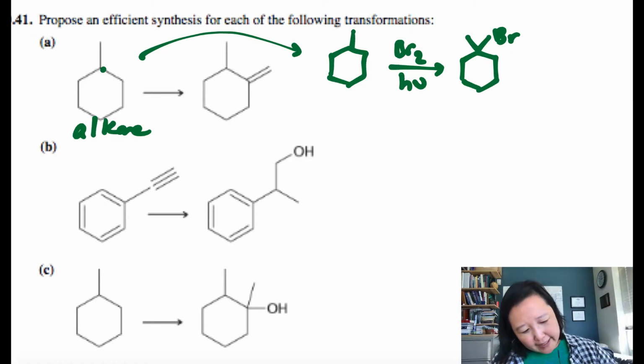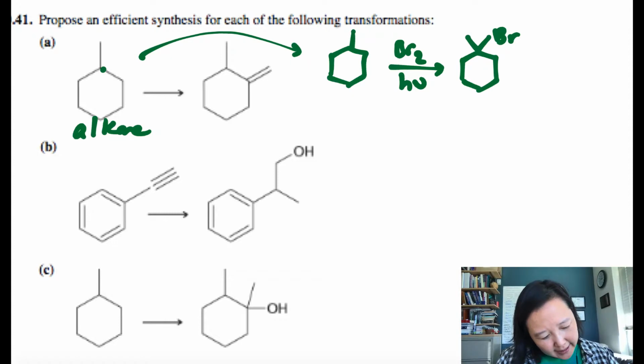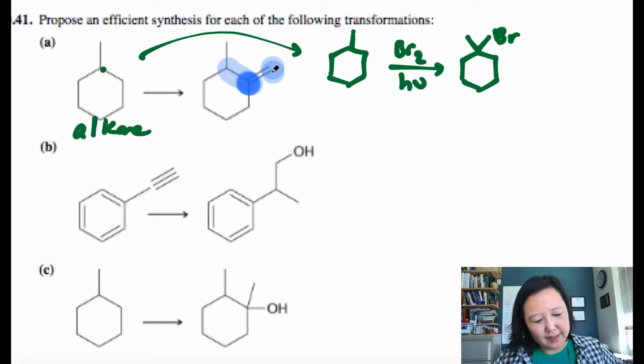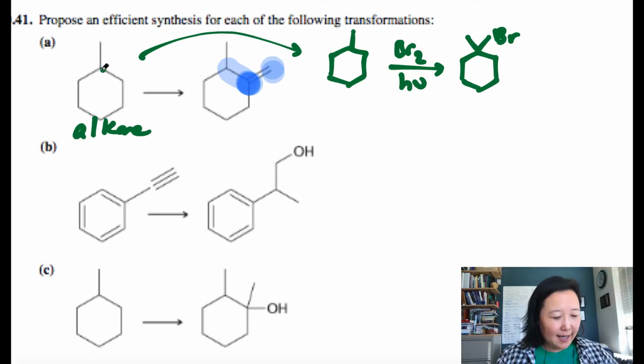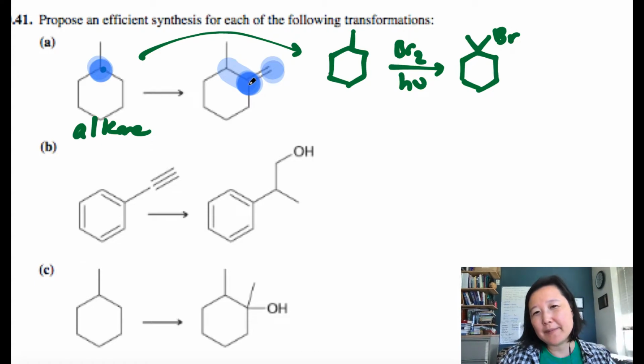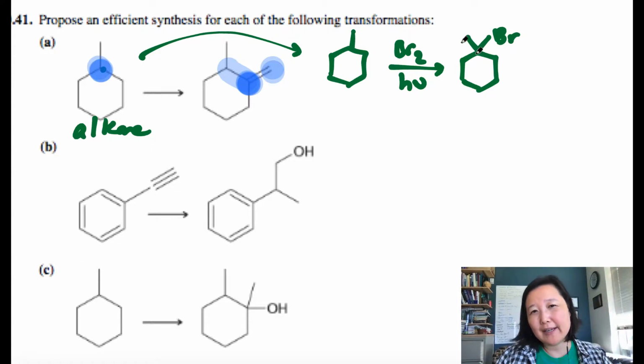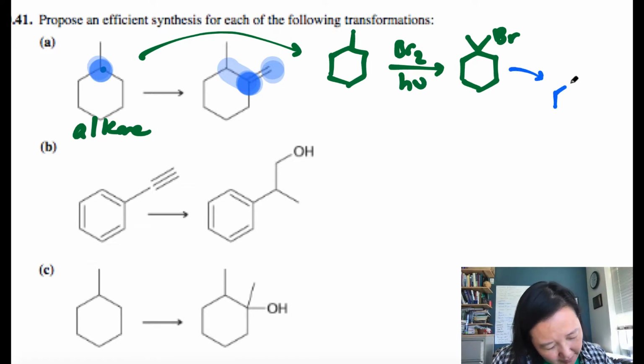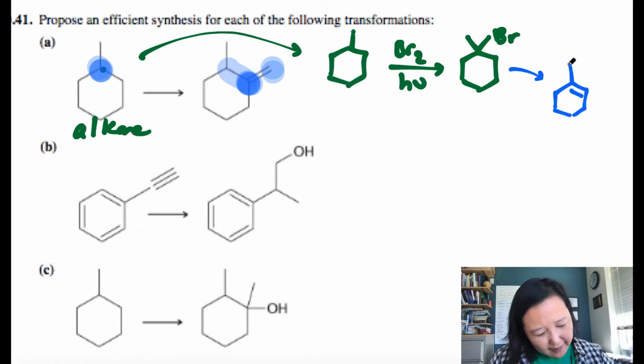Our goal is to get the reactivity over toward this carbon so that we can add a group to it. We're starting here with reactivity because bromine prefers tertiary, but we have to step it over to here. The way to bridge that reactivity is to make a double bond there. So you need a reagent that will hopefully introduce some kind of double bond right here.